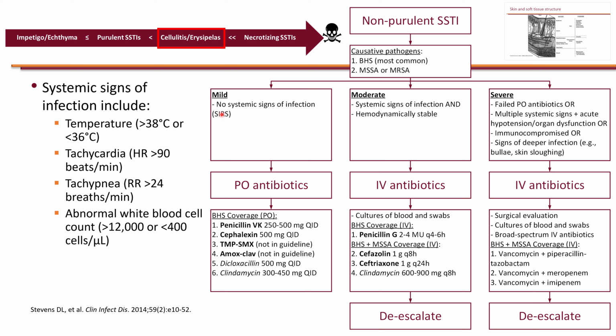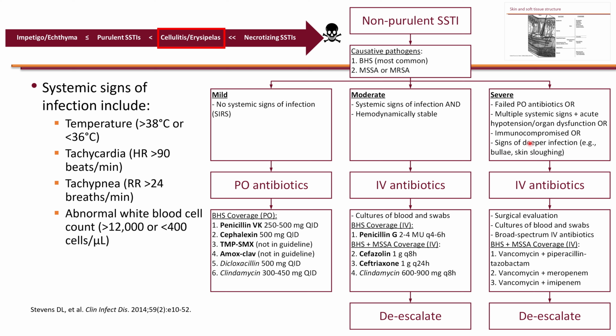Just like purulent SSTI, we break non-purulent SSTI into mild, moderate, and severe using the same criteria. So mild is no systemic signs of infection, moderate is systemic and hemodynamically stable, and severe essentially means failed PO antibiotics, or multiple systemic signs plus organ dysfunction or immunocompromise, or signs of deeper infection.